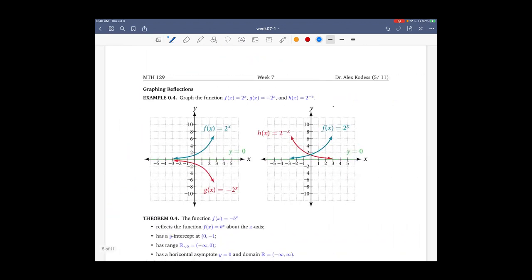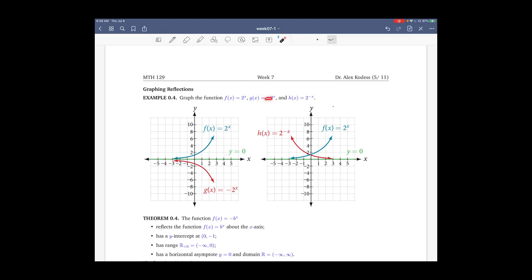Now, if a is negative, all we need to add is a reflection about the x-axis. For example, say we have again the graph of 2 to the power x.